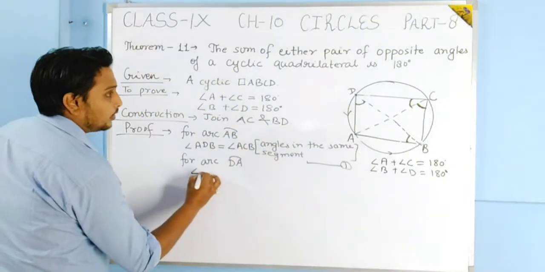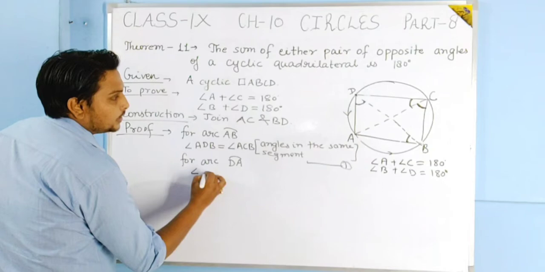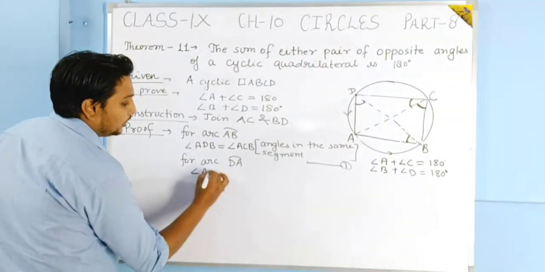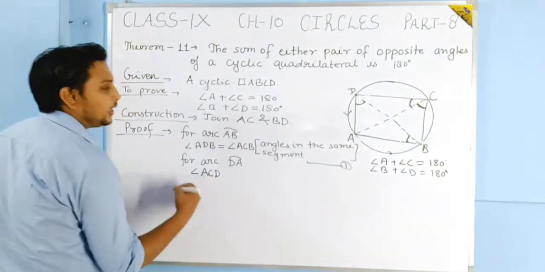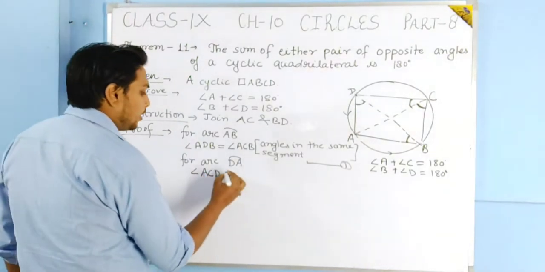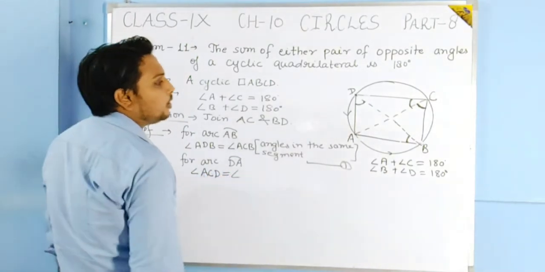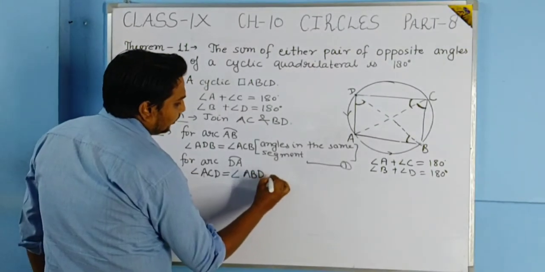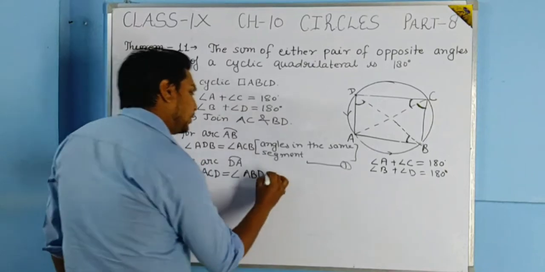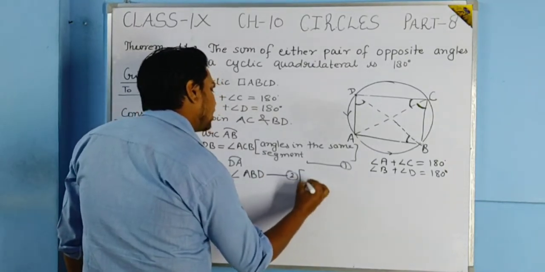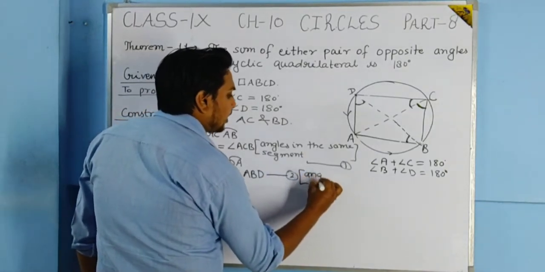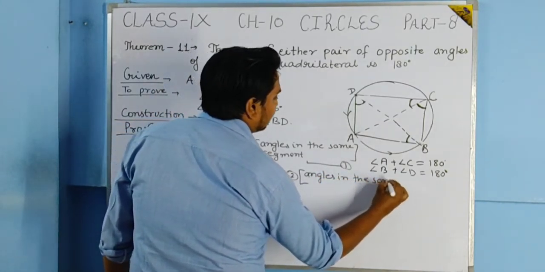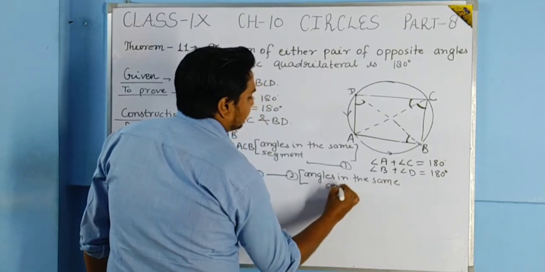Means angle DCA, or you can write angle ACD, both are the same, is equal to angle ABD. This is the second equation, and the reason is the same: angles in the same segment.